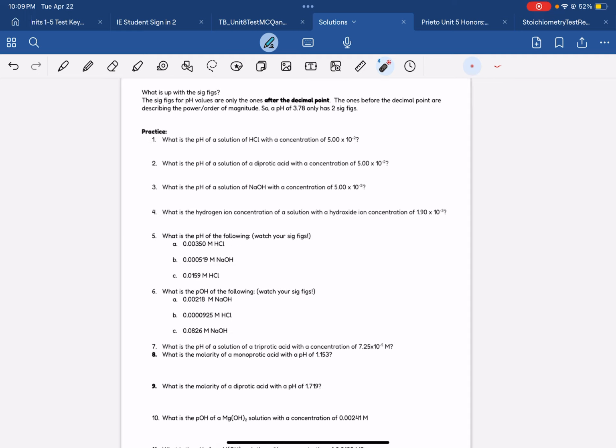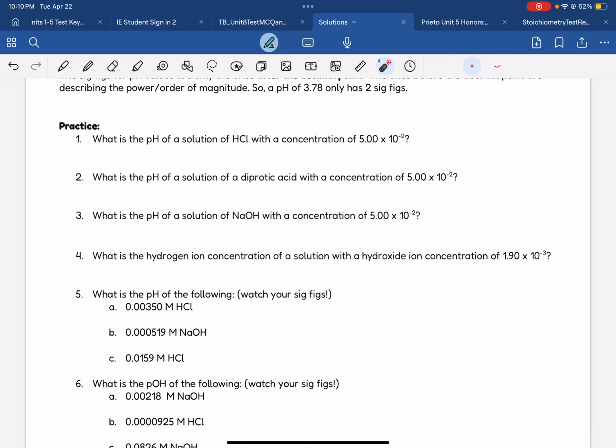This key's posted if you want to look through it, but I'll do a couple. I'll just set it up and you can check the answer on Canvas, because I'm in my kitchen. I don't have a calculator, and I don't feel like going and getting one. So this is asking what is the pH of a solution of HCl with a concentration of 5 times 10 to the negative second.